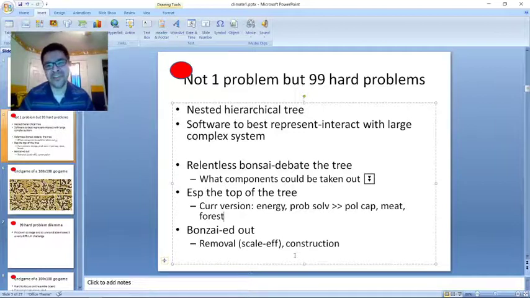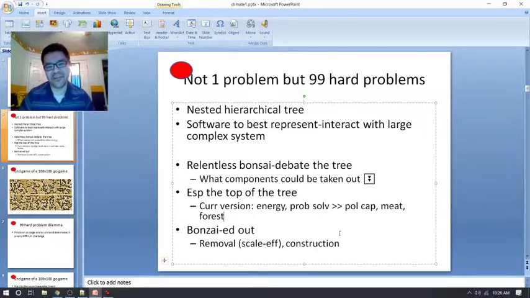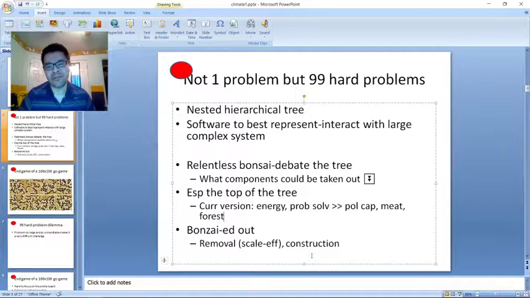Perhaps when we make a fusion breakthrough, removal could be added to the list. And construction, I think it was 7%, and the main goal is to make the top of the tree as simple as possible.